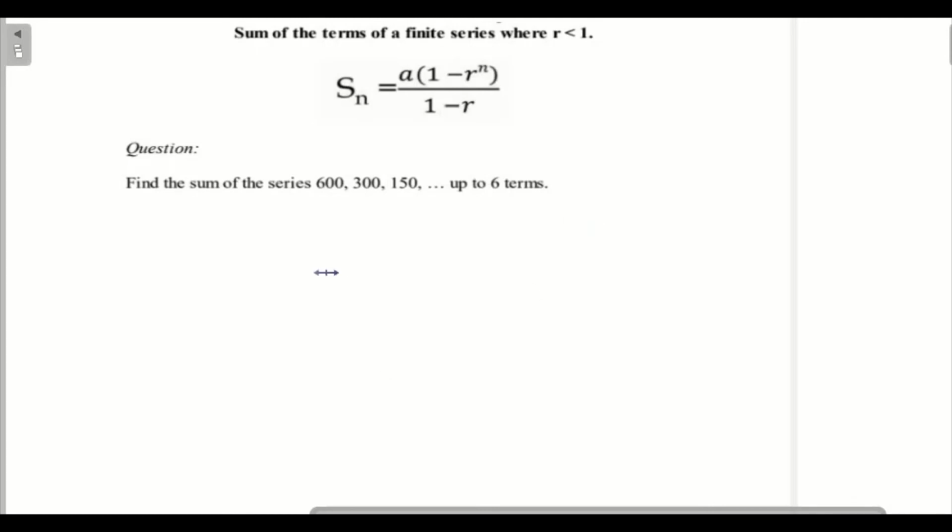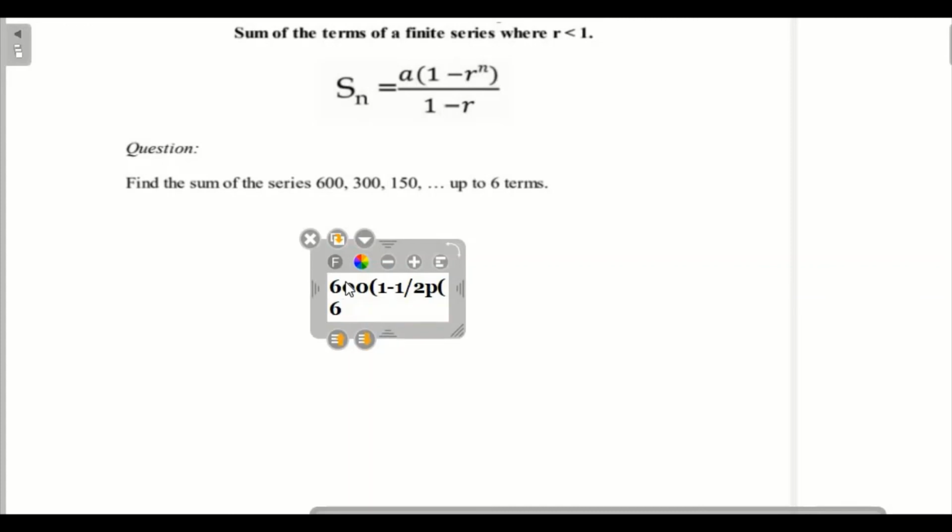So as I said earlier, we have to substitute in the formula. We have the formula that is a is the first number, so that is 600 of 1 minus 1 by 2 power of 6, divided by 1 minus 1 by 2.